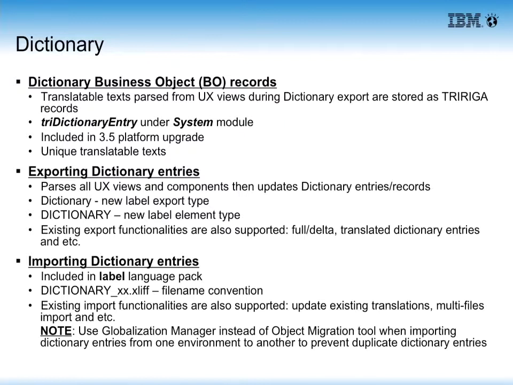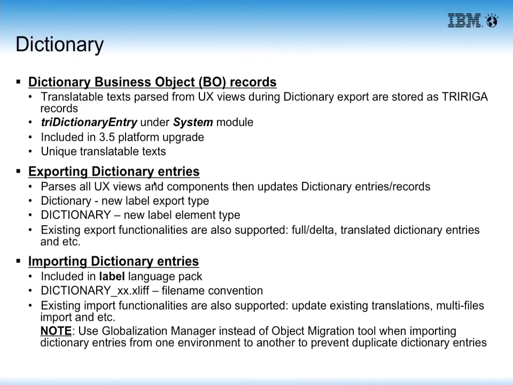So how does the platform generate these dictionary entries based on the UX views? It is done when an admin user exports labels from the Globalization Manager. We have enhanced the export tool to support exporting dictionary entries.